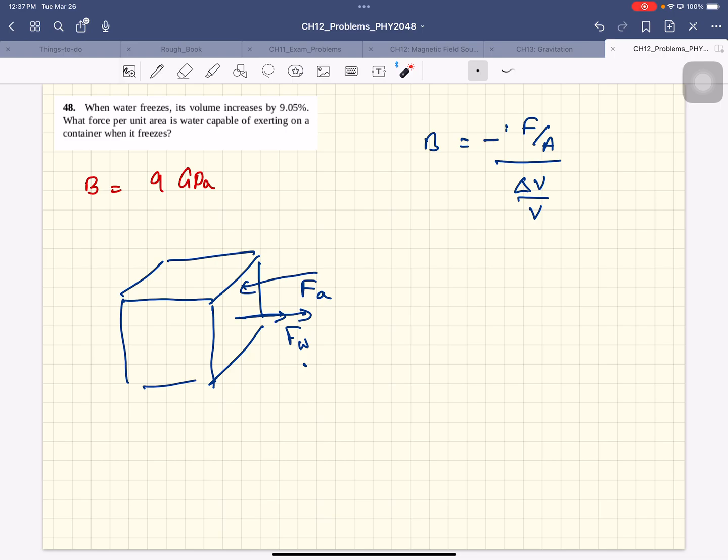Now, ice is expanded, to keep within the container, by what fraction did you decrease the volume? By 9%. So bulk modulus is F over area, and that decreased by 9%, so this number is negative 0.0905.